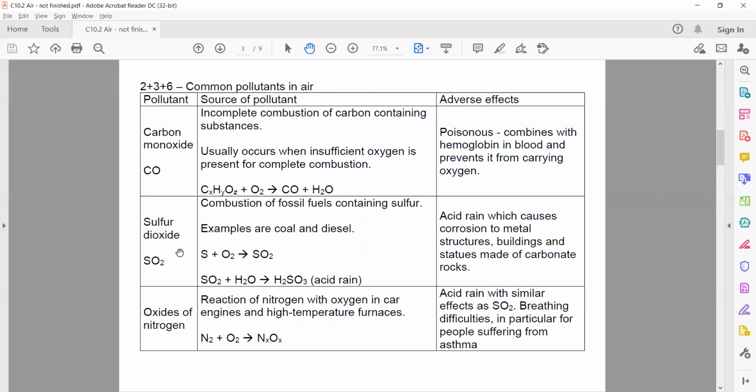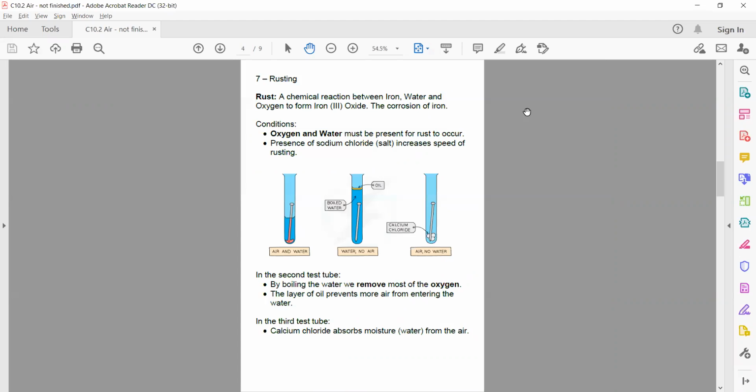Point 2 is naming the common pollutants. Point 3 is where do they come from? And point 6 is what adverse effects do they have? So if you look in the top left-hand corner of the slide, you'll see that it's 2 plus 3 plus 6: common pollutants of air. What are they? What are their sources? And why are they bad?